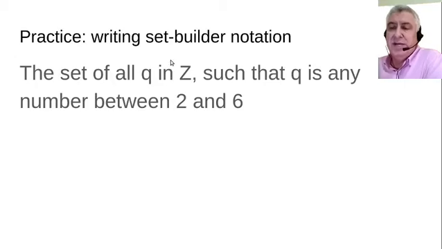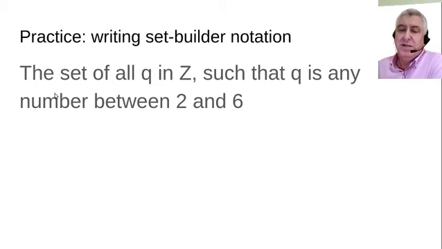Let's practice writing something in set builder notation. This is going to be a freebie. You've got three practices, so just write a note and then check yourself. And then there's one question at the end, just like I've been doing before, which counts for points.